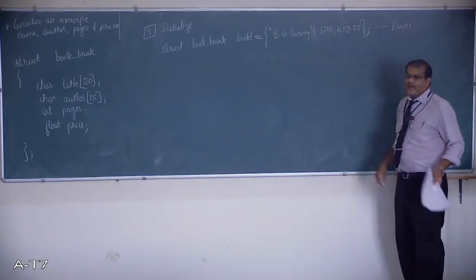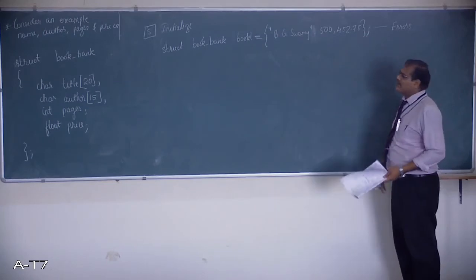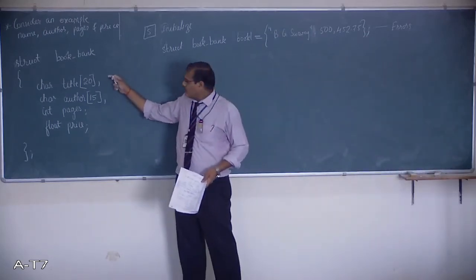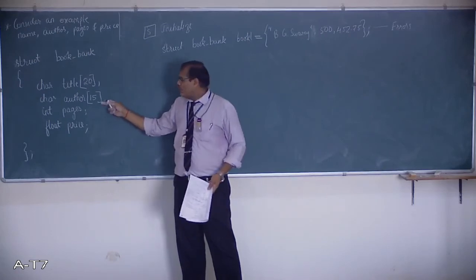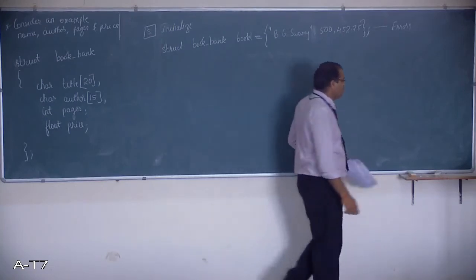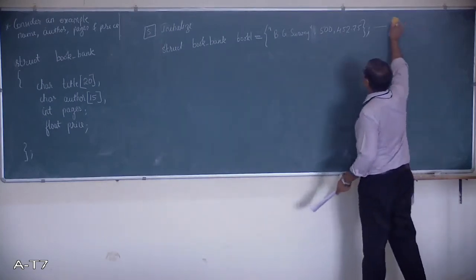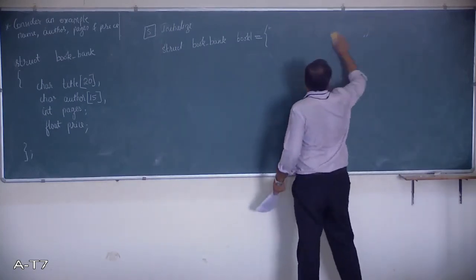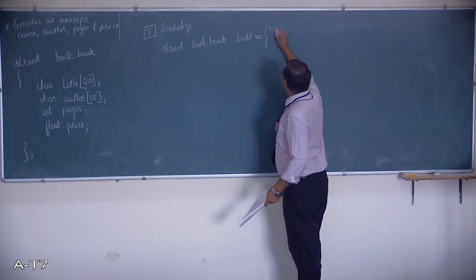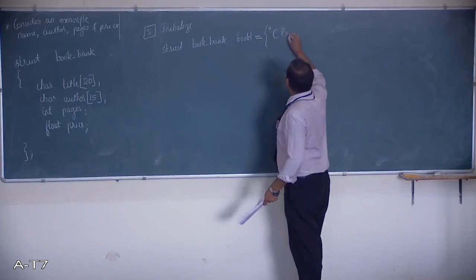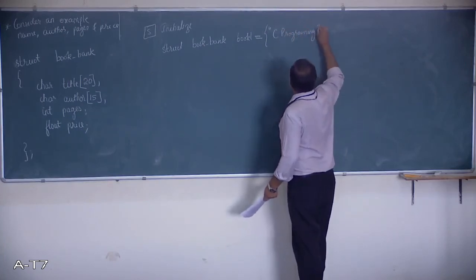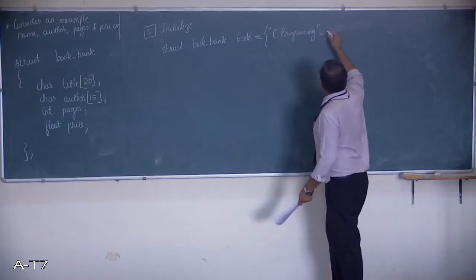There are a few compilers which may accept it, taking the first one for the title, the second one was not found, the third one an integer, the fourth one a floating point. A few compilers may take it, but generally we assign all four members separated by a comma.